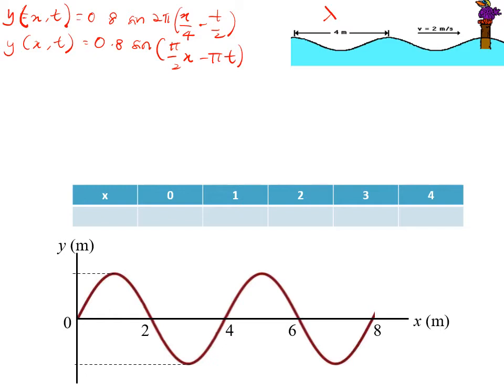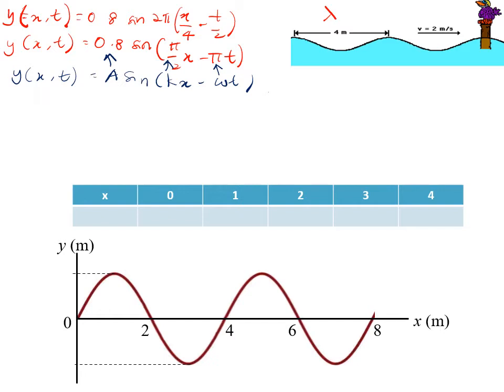Comparing with the progressive wave equation y equals A sine (kx minus omega t), the amplitude is 0.8 meters, wave number is pi over 2 radians per meter and omega is pi radians per second.